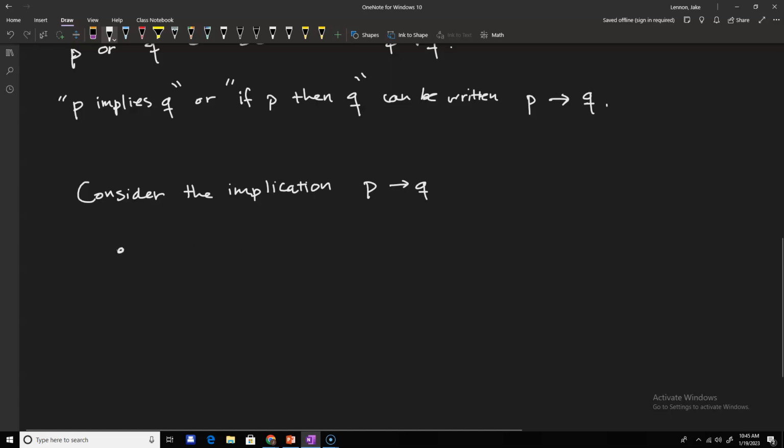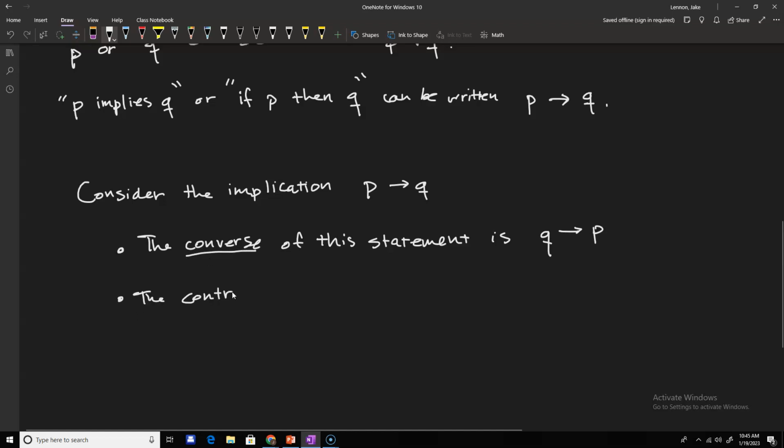The converse of the statement is Q implies P. And the contrapositive of the statement is not Q. They use tilde. So not Q implies not P.